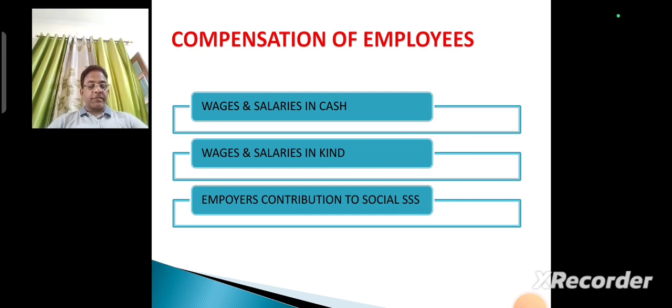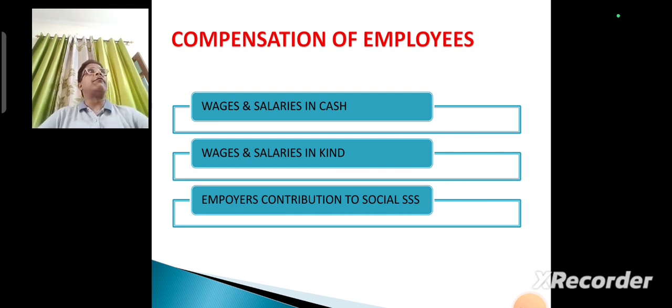When you talk about wages in cash, then you know that people get monthly income, they get weekly payment also, they get daily payment also. In some cases we find that people are getting paid hourly also. So each and every type of payment which is being done in cash, and this also includes the allowances which are given to the employees, like house rent allowance, dearness allowance, and travelling allowance.